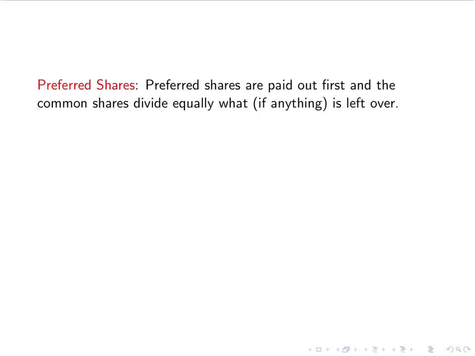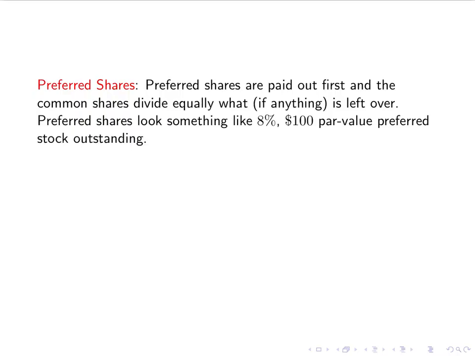The next type we're going to look at is preferred shares. Preferred shares are paid out first, and then the common shares divide equally what, if anything, is left over. So it could be a case where if you have common shares, you don't get anything of the dividend. Preferred shares get paid out first, so it's really important that we take care of that one first. A preferred share looks something like some percentage of some dollar par value preferred stock outstanding.